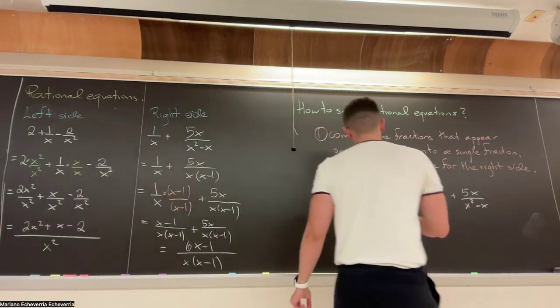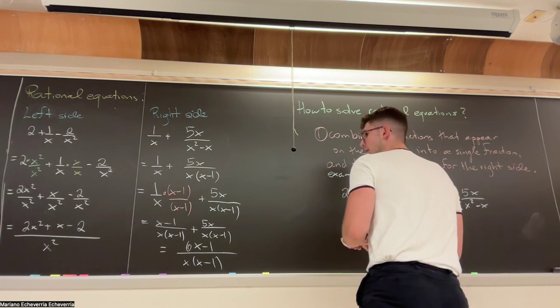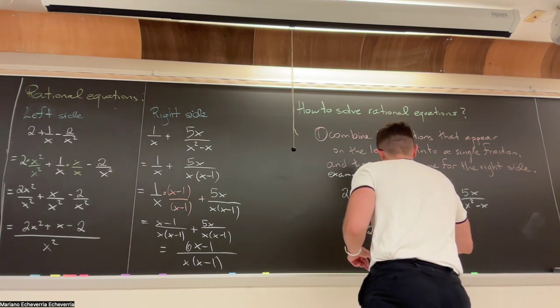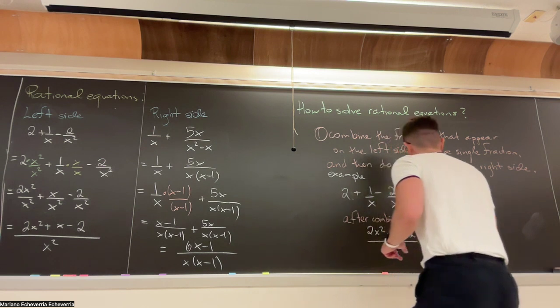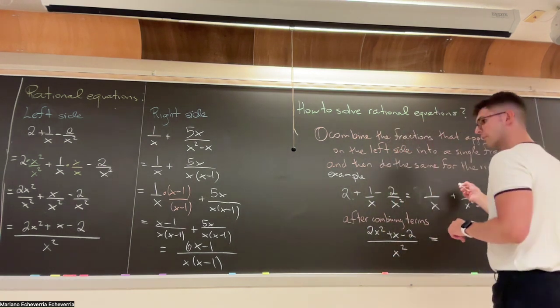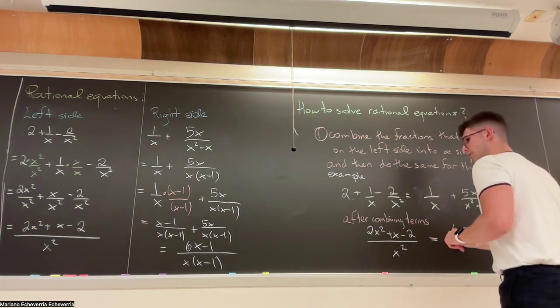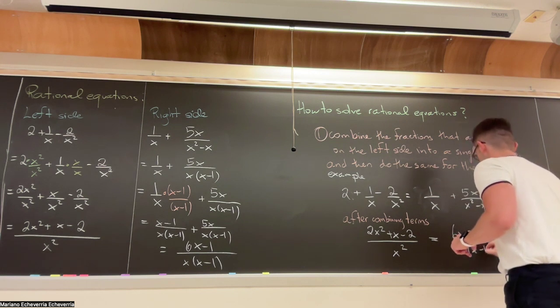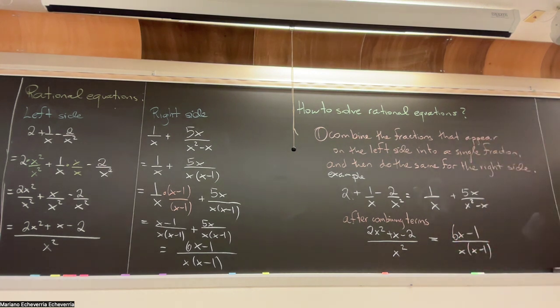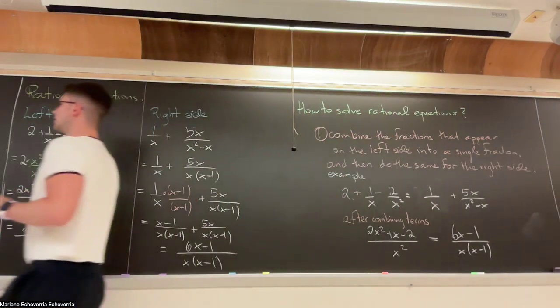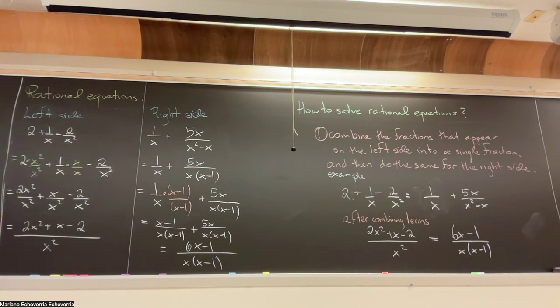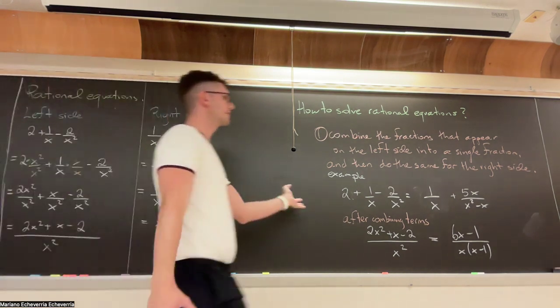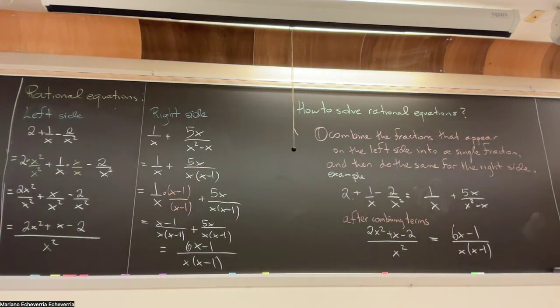The left side becomes 2x squared plus x minus 2 over x squared, and the right side becomes 6x minus 1 over x times x minus 1. So any equation that involves fractions, you can always combine terms so that you have a single fraction on the left side and a single fraction on the right side. Okay?